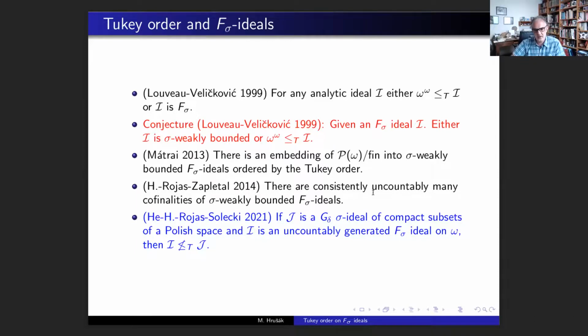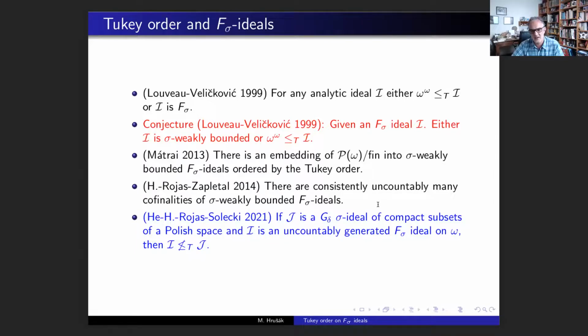All right, so in this paper that I want to talk about, we wanted to see how these F sigma ideals fit in the picture that I showed you at the beginning. The first result I want to mention is that the F sigma ideals don't really mix very well with these other two leaves.